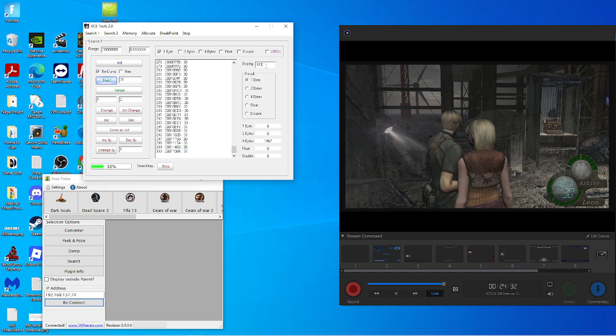Right now, I've only got it to display 300. Anything that is not being displayed is still there. So it's going to be a while to find what you're looking for because there's a lot of things in memory that this could be.